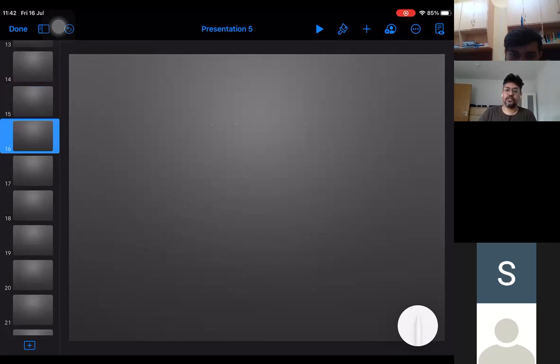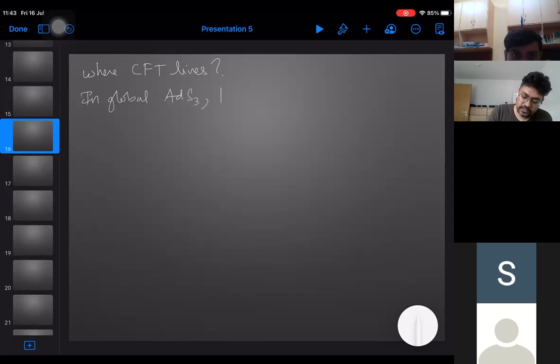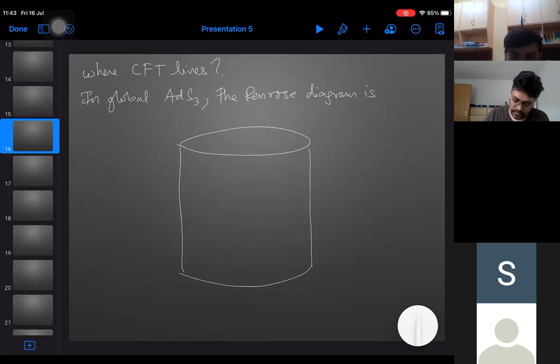Okay, an important question now to answer is where your CFT lives. So in global AdS3, the Penrose diagram is given by something like this. You have a cylinder. Let me try to choose a different color. I'm very bad at drawing, so please bear with me.